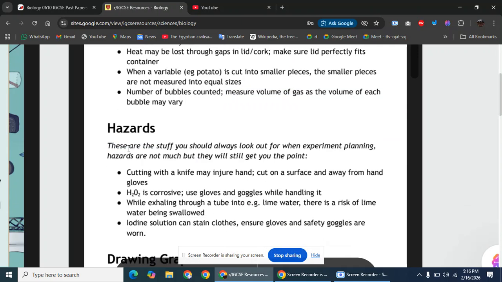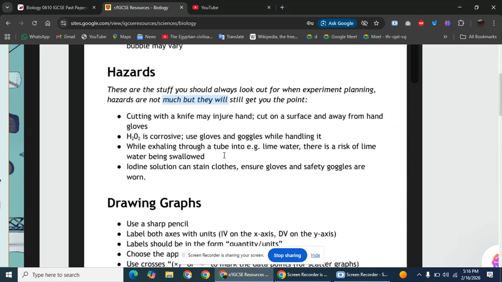Hazards. So, what are the hazards? Hazards are things that you should always look for when planning an experiment. Hazards are not many, but they will get you the marks. Cutting with a knife may injure the hand: cut on the surface away from the hand, and use gloves.